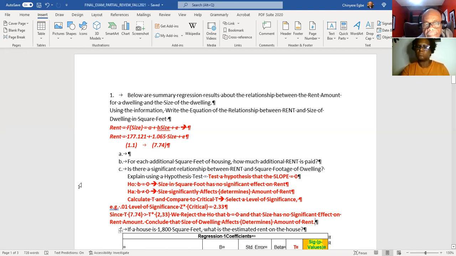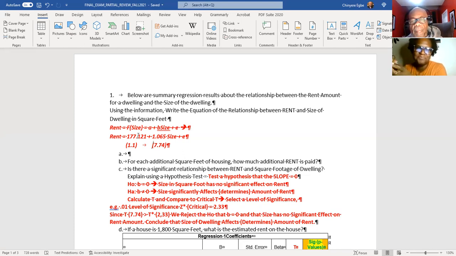As you can see, if you look at the calculated t-value for the slope, this equation says that rent begins from 177.121 for an apartment that has 0 square foot. Well, have you ever seen an apartment that has 0 square foot to live in? No. Okay.